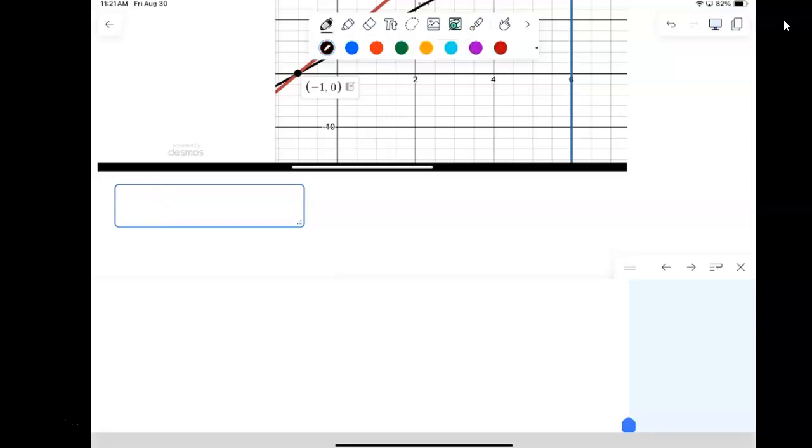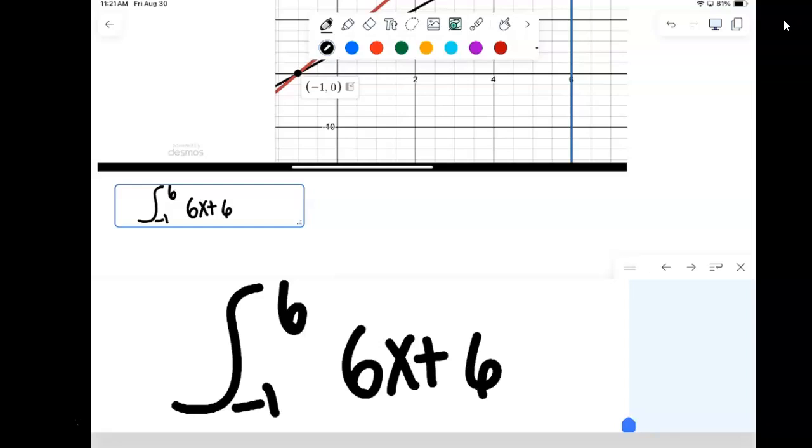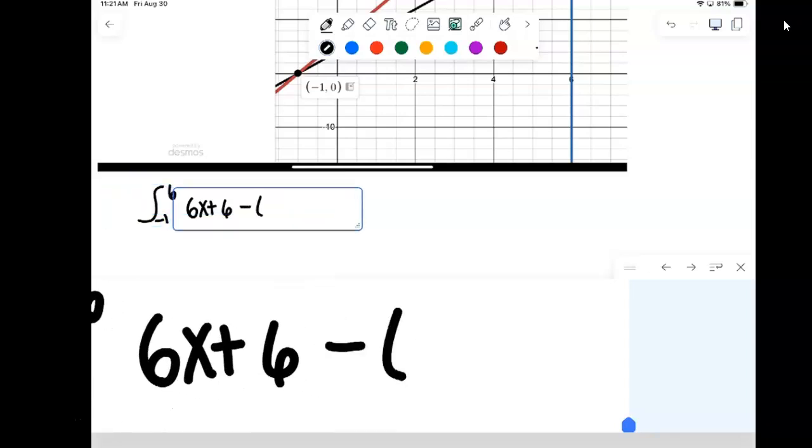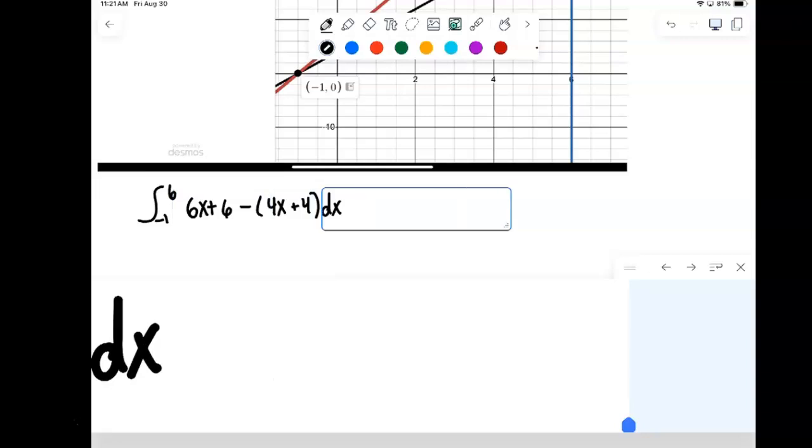So it's going to be the integral from -1 to 6 of the top function, which again is, in this case, 6x plus 6, minus the bottom function, 4x plus 4 dx.